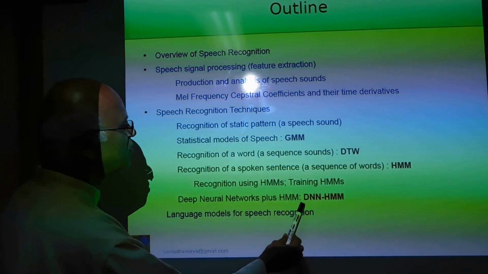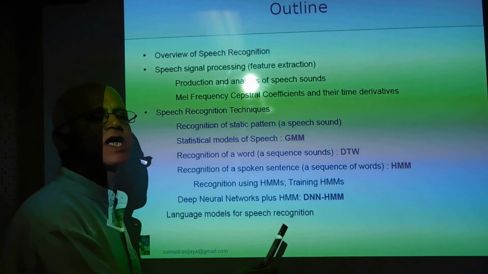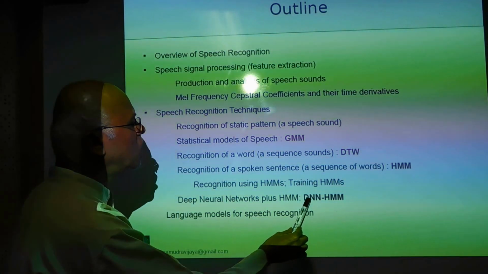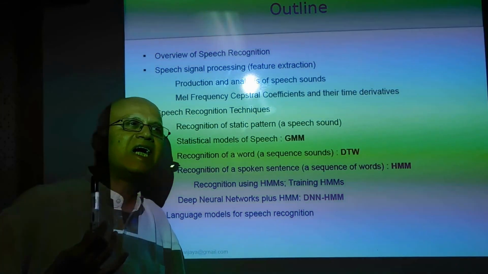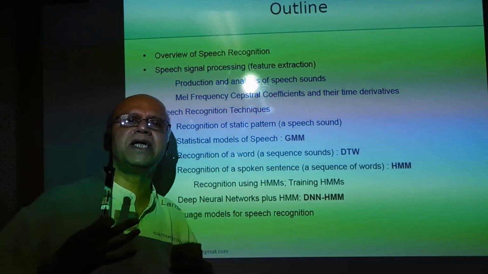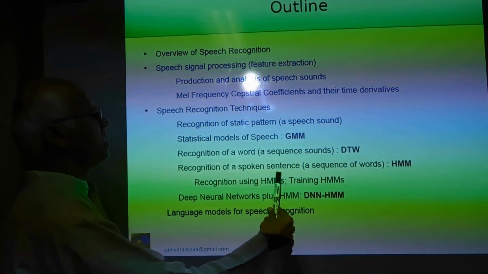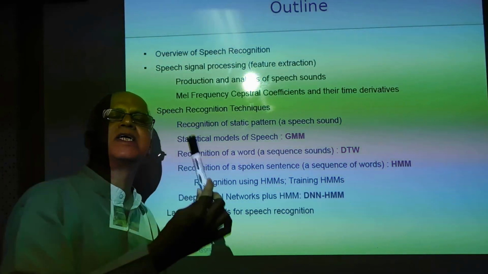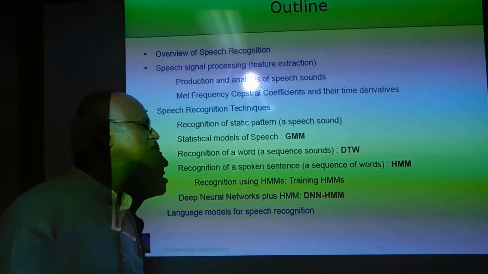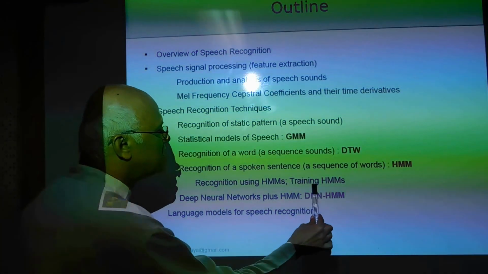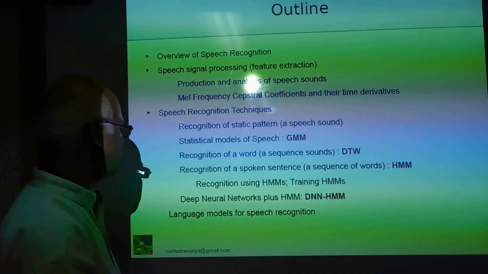At the end, we hope to learn about the current popular mode of speech recognition, which uses neural networks, a rough, simple-minded model of how our human brain works, the artificial neural networks, one particular version of it, which is called deep neural network, which has several layers of neurons, in conjunction with the hidden Markov model.